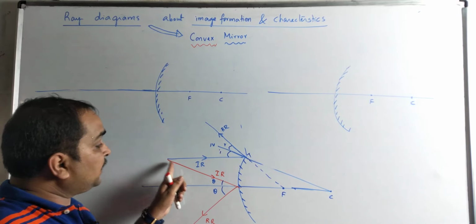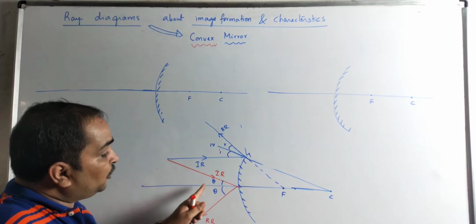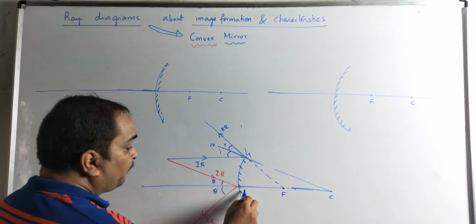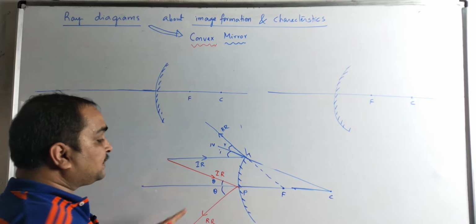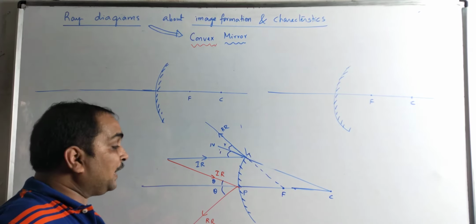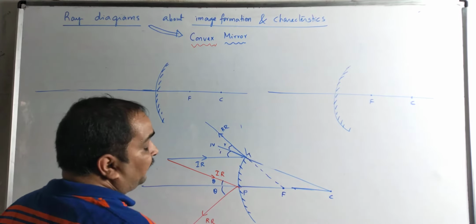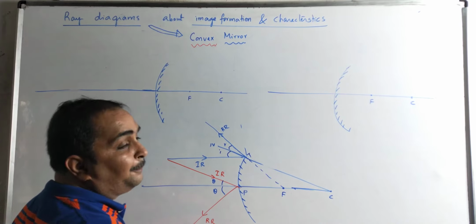Similarly, the incident ray which is incident at some angle to the principal axis at the pole makes equal angles with respect to the principal axis. So this time the center of curvature and focus will be on the right side, not the left side.